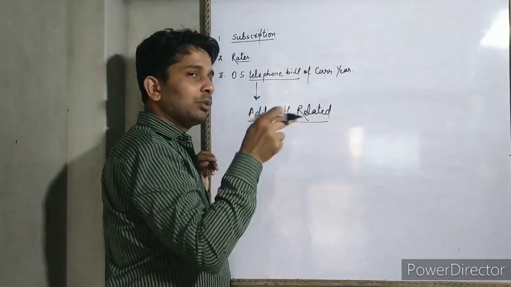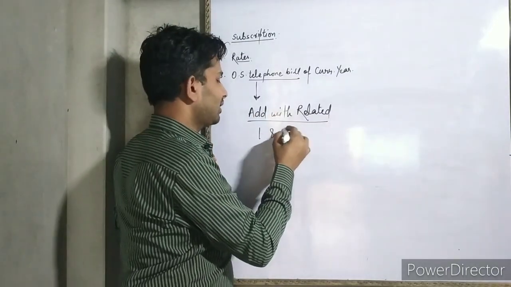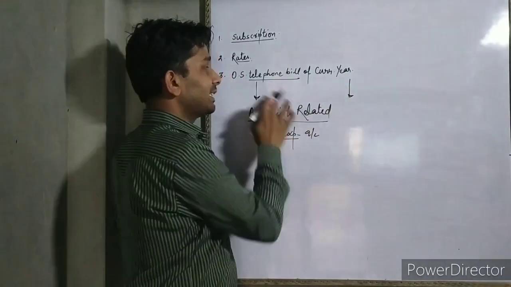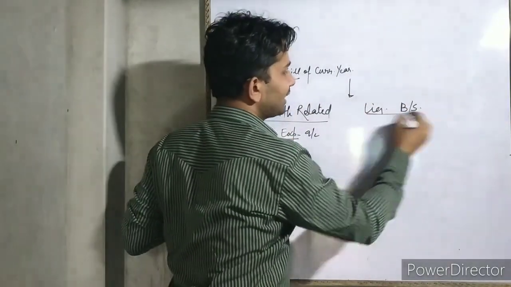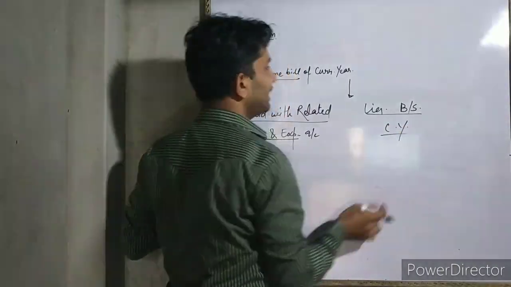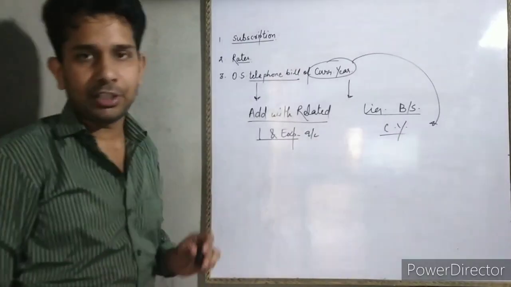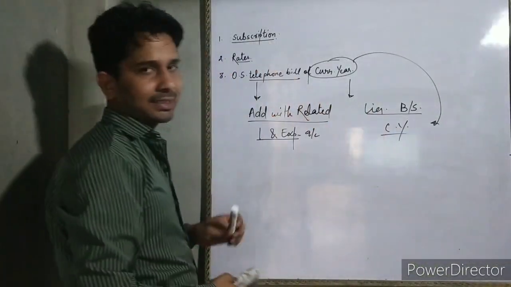What is the related item? The telephone bill. So we will add that amount to the telephone bill in the income and expenditure account. And secondly, where will we post it? It is outstanding, so it will take place in the liabilities of the balance sheet of the current year, just because it is of the current year. Okay? Got it? Note it down, or you can take the screenshot of this as well.